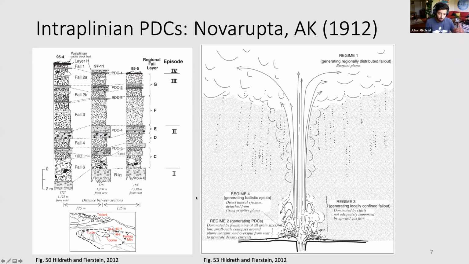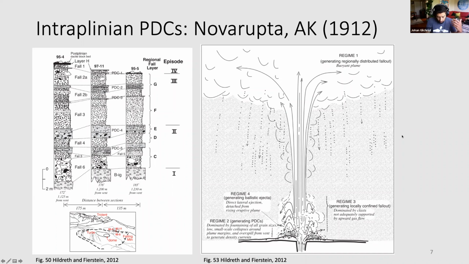So what this implies is that you have either the eruption column alternating between the Buoyant Plume and total collapse regimes to emplace alternating layers of tephra fall from an umbrella cloud and PDCs from collapse, or you have a sustained eruption column in the partial collapse regime generating PDCs intermittently or periodically while there's continuous fallout from the sustained umbrella cloud.